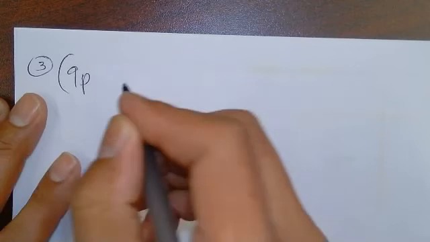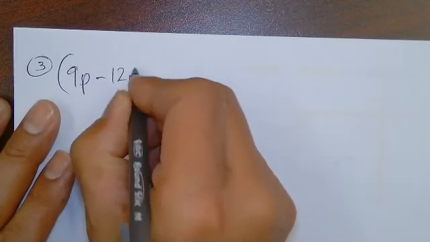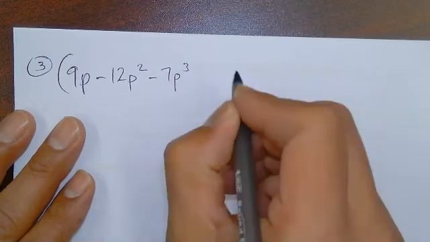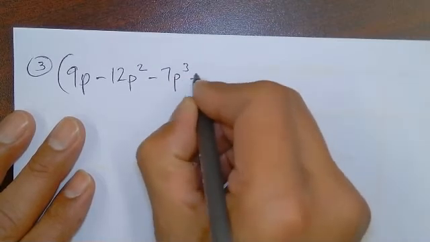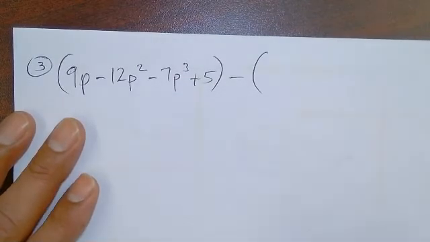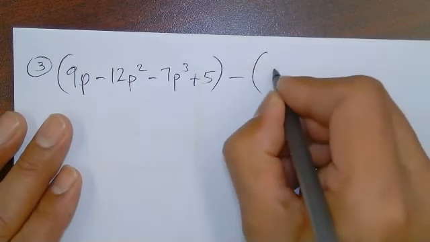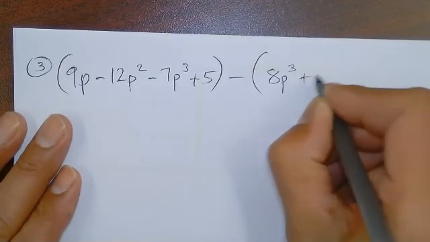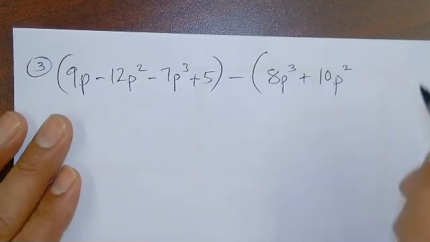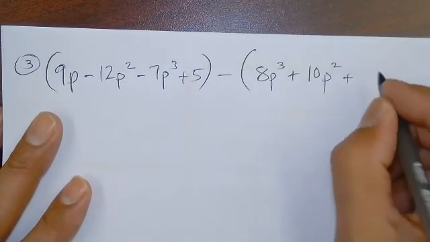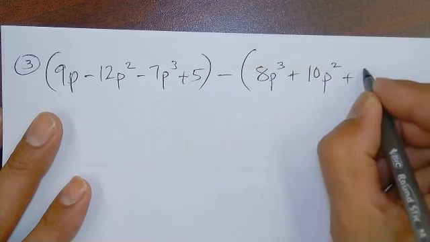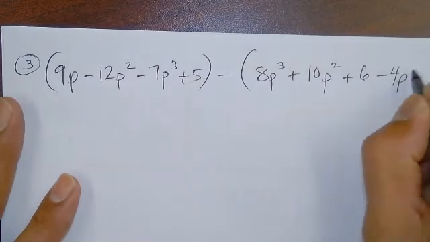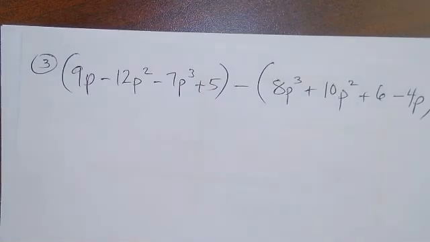What about 9p take away 12p squared take away 7p cubed plus 5 minus 8p cubed plus 10p squared plus 6 minus 4p.